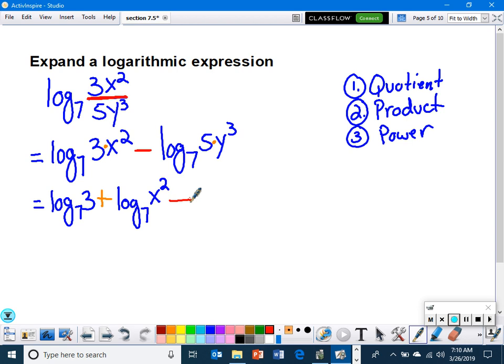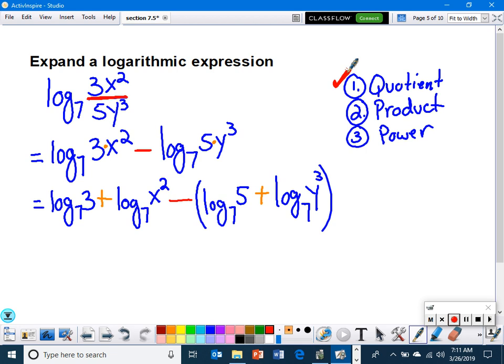Now here I need to put this in parentheses, and this becomes log base 7 of 5 plus log base 7 of y cubed. That was the product property. So I did the quotient property, that's in red. The product property, that's in orange.